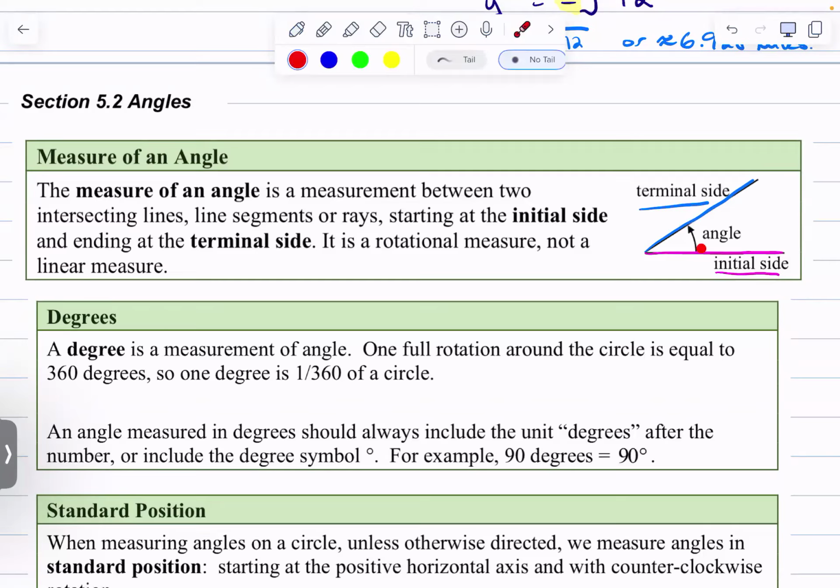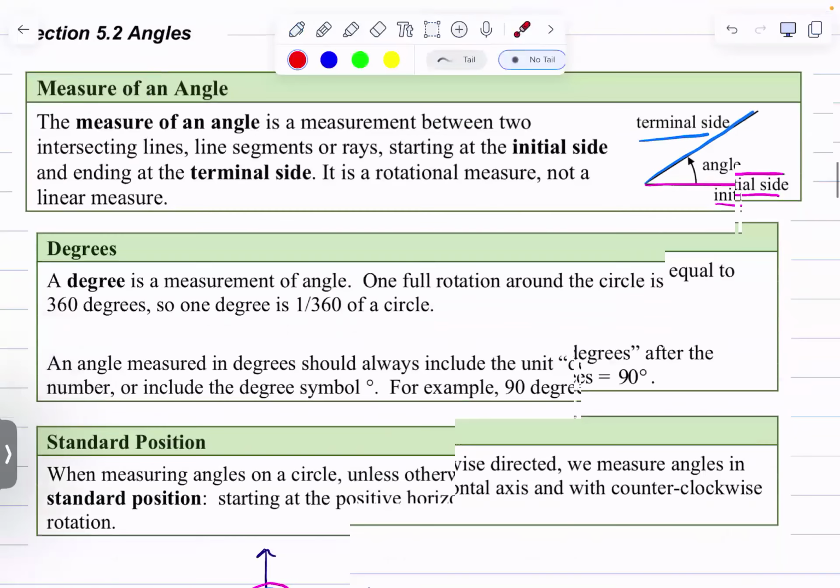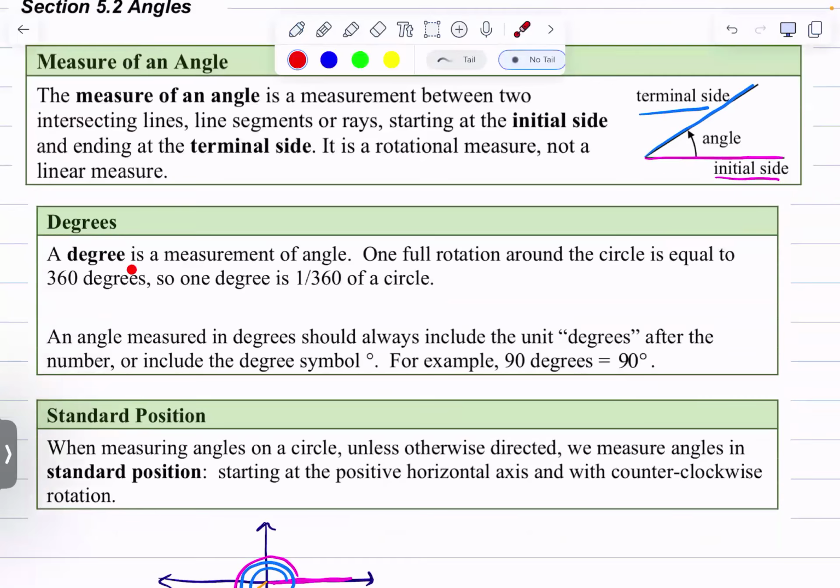Then this measurement here is the angle. Of course, it's a rotational measure and not a linear measure.